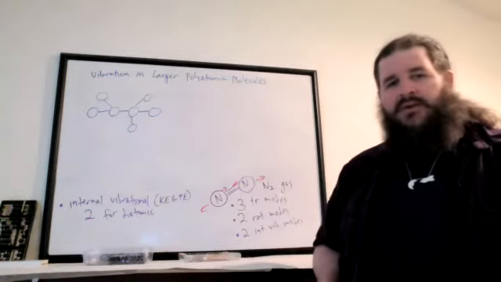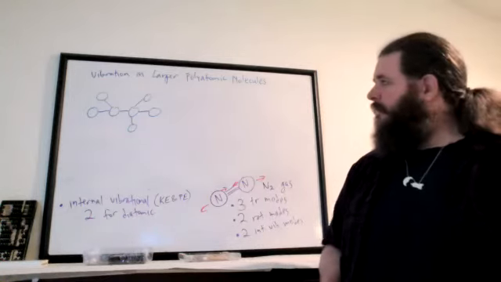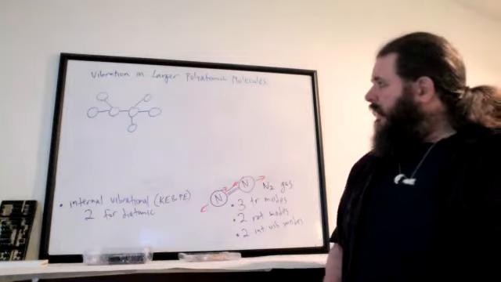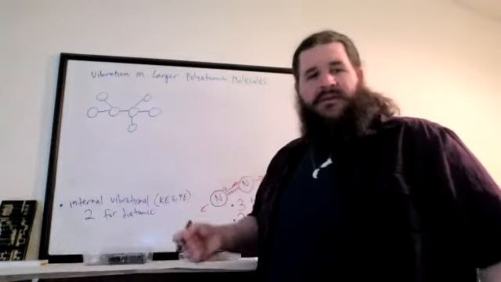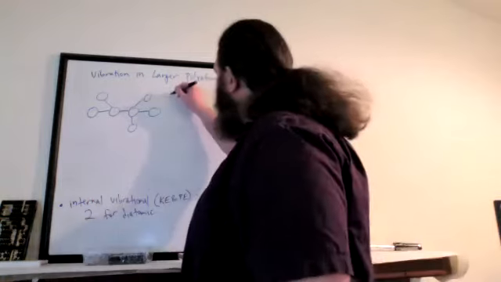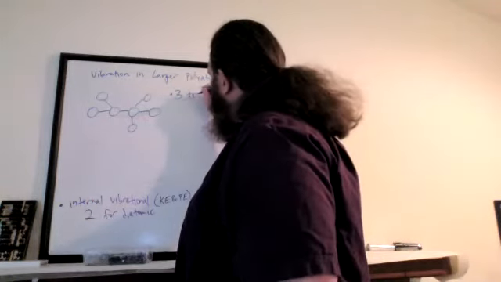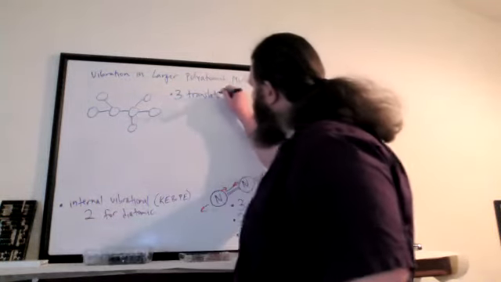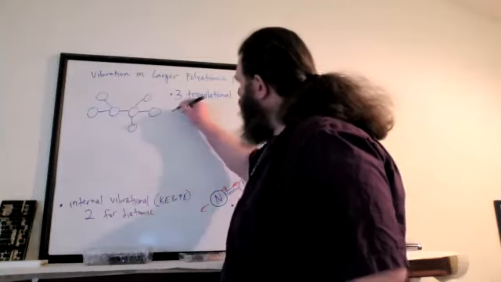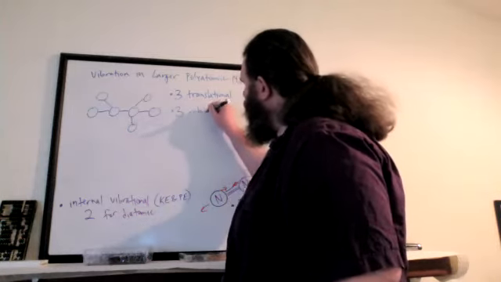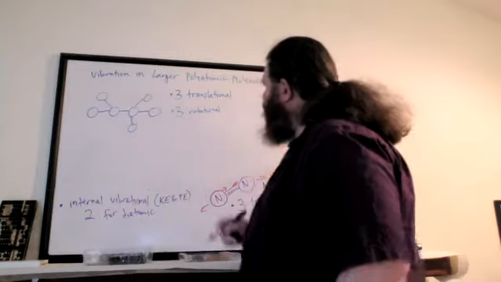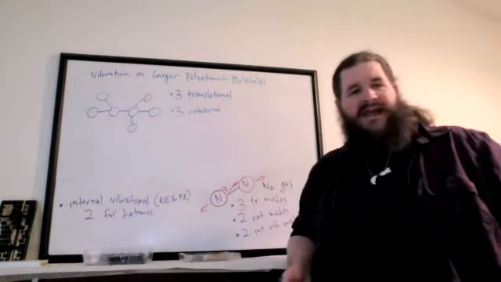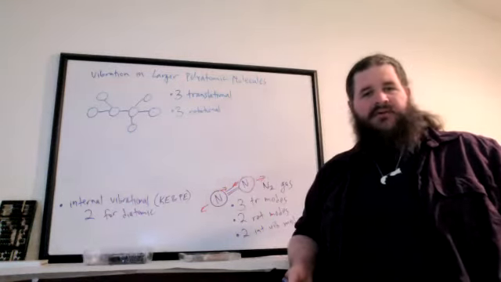It's nonlinear, so we're able to rotate in 3 dimensions. It's able to move in 3 dimensions, so it's got the 3 translational modes, 3 rotational modes. And assuming it's a gas, it would have no external vibrational modes.